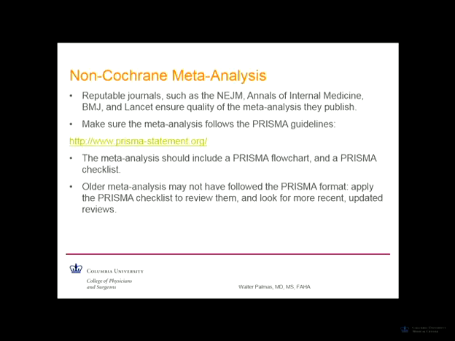Now, there are many sources of excellent meta-analysis that are not necessarily in Cochrane, and of course the New England Journal is at the top of the list. So if you ever want to Google for a meta-analysis paper and make sure whether there has been a recent one in a good journal, you can just enter NEJM next to meta-analysis and whatever you're looking for, and if there's a recent meta-analysis paper in the New England, it will pop up. The Annals is also good.